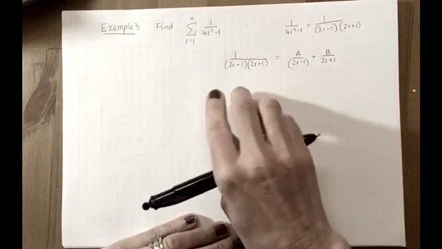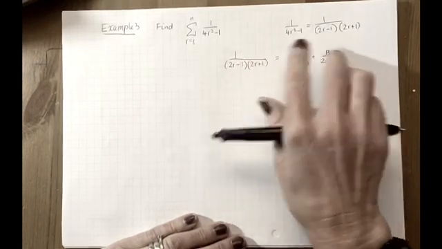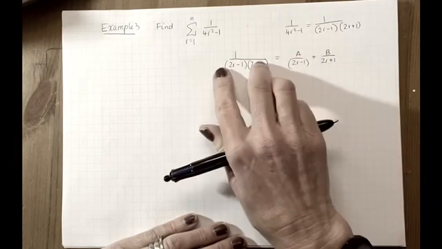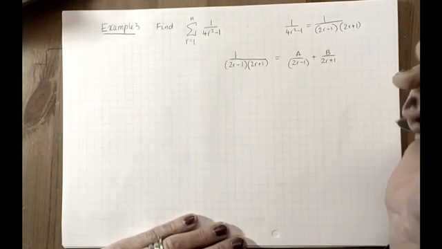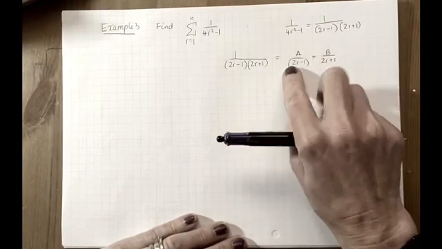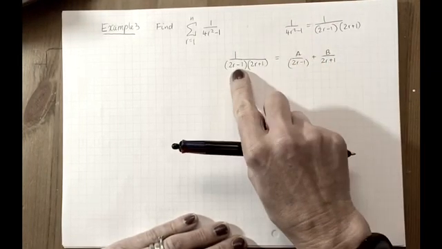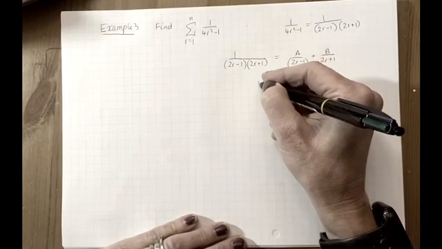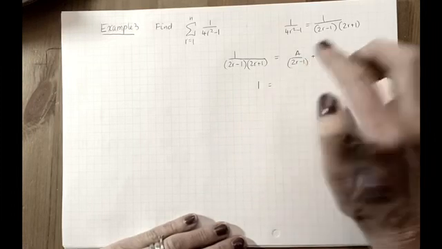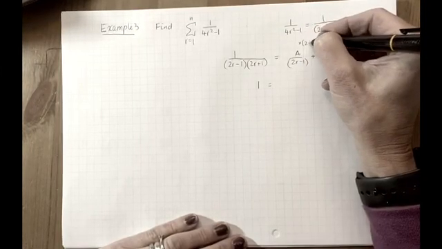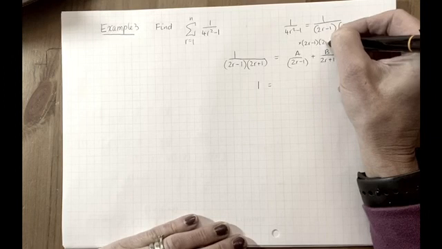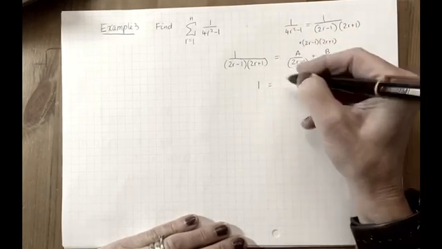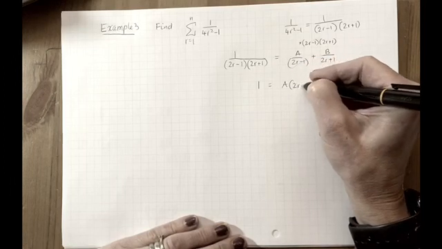So this is how you do it. You can get straight away to the numerators by imagining multiplying the right hand side through by the denominator, if you prefer. If you multiply the first fraction by 2r minus 1 and 2r plus 1, you'll be left with 1. Then these two would cancel, so you'll be left with a times 2r plus 1.